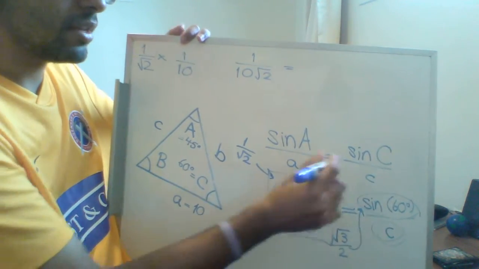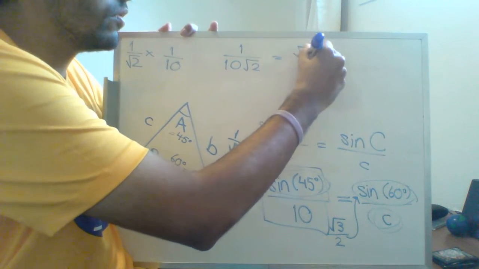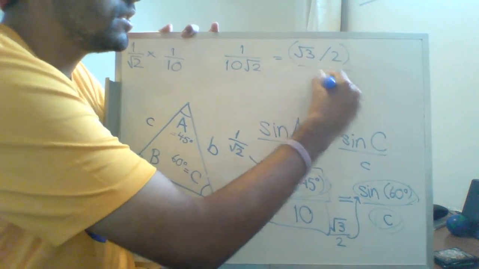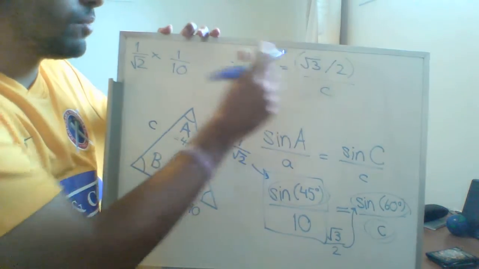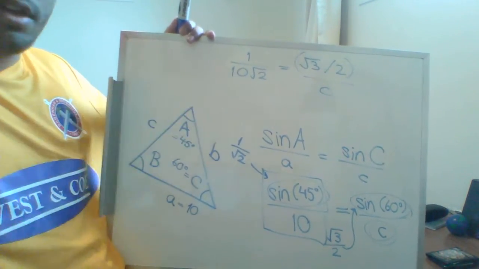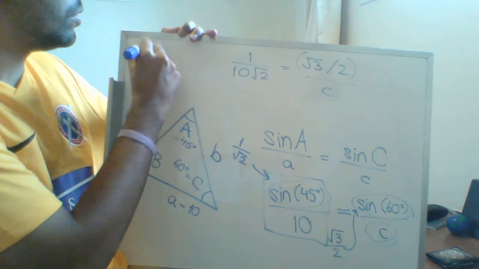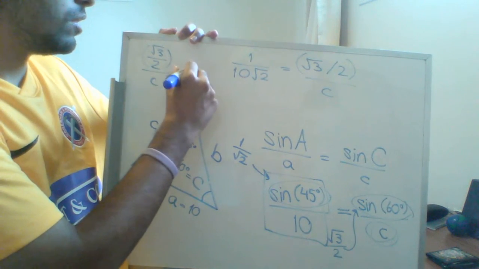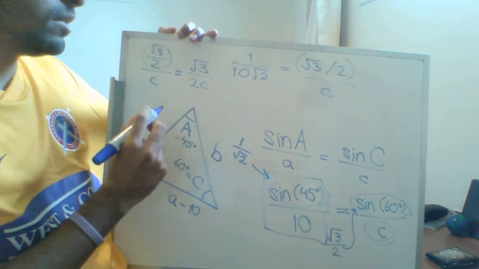Now we need the other side. Sine of 60 degrees, we said, is root 3 over 2 divided by little c. Now I'm going to rewrite this just a little bit. If I have root 3 over 2 divided by c, I can actually write that as root 3 over 2c.